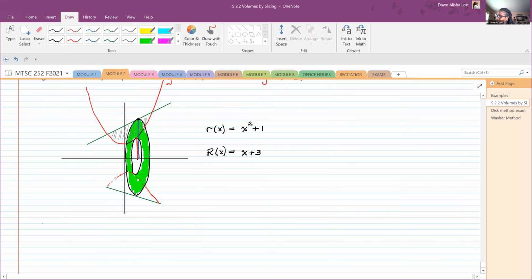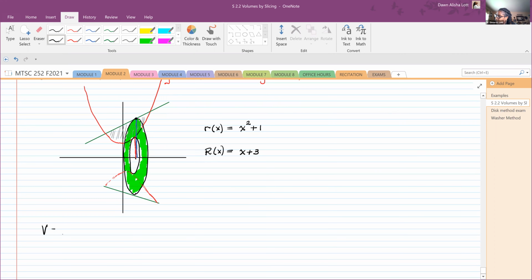All righty, so the volume is the integral from... we don't know where to go. We did the hard part. Now we've got to find those limits. So this is pi times x plus 3 squared, because that's the big radius, and I'm going to subtract off the little radius, x squared plus 1 squared, dx.